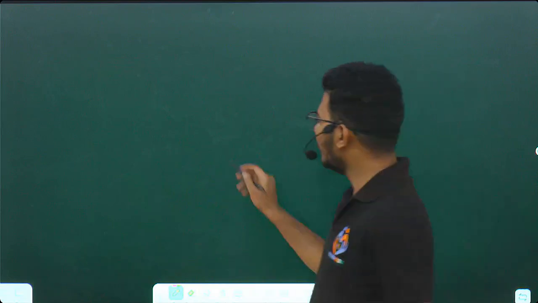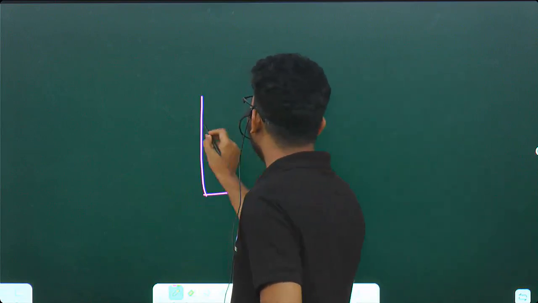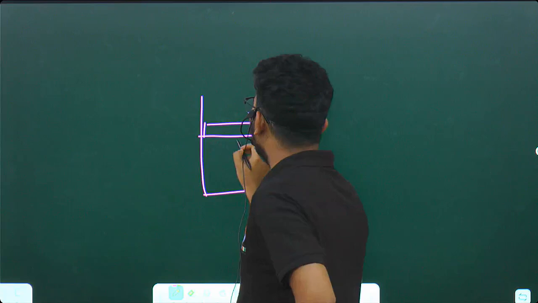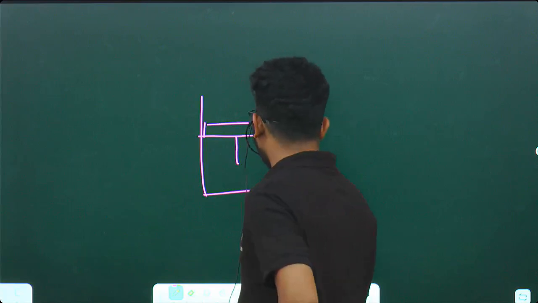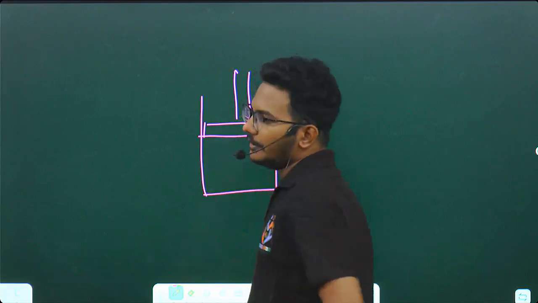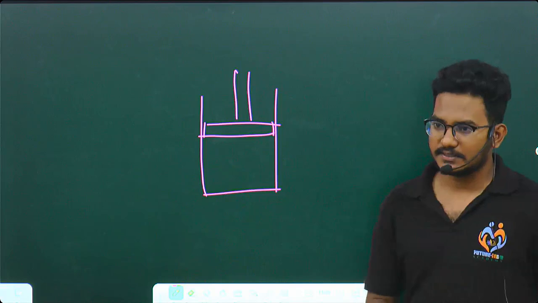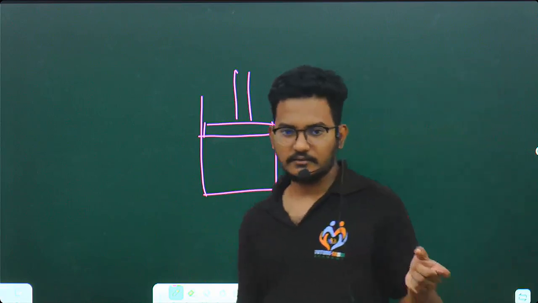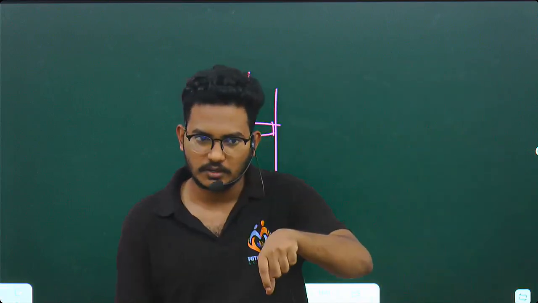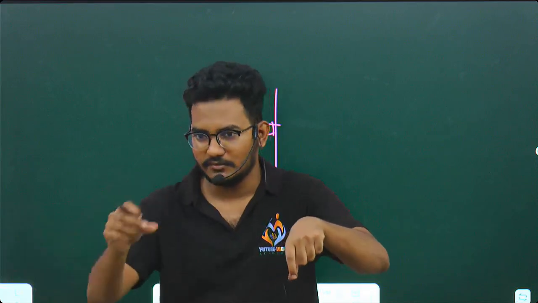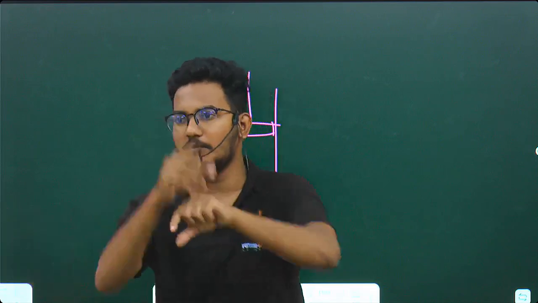See, this is my bike engine, and this is the piston. Now what happens is, I'll fill the petrol. On the other side, there will be a pipe which is empty. This pipe will suck the air from the atmosphere.